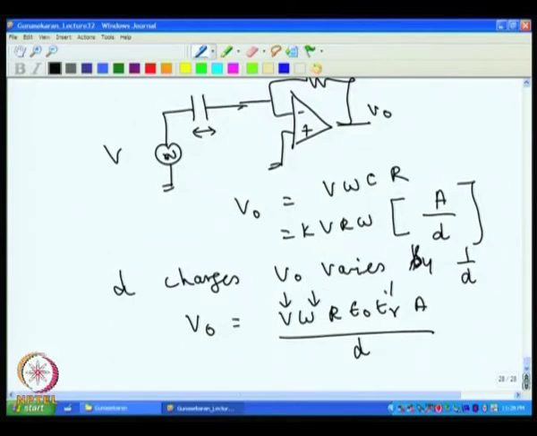And then if epsilon R, the relative dielectric constant, changes, for example if there is some moisture in between the two plates, then the output voltage will also give an error.